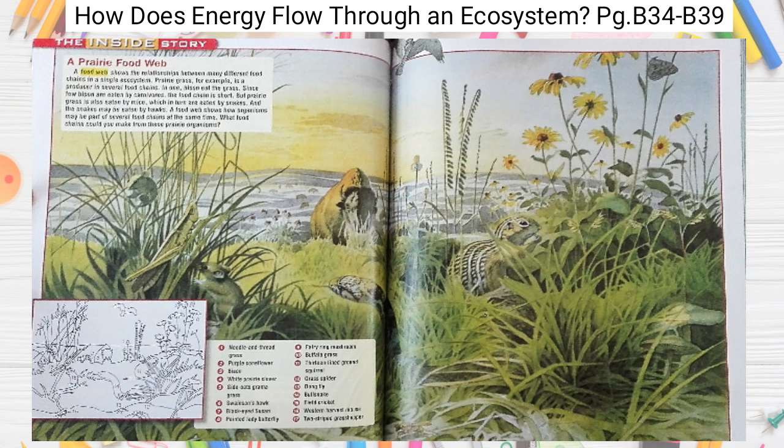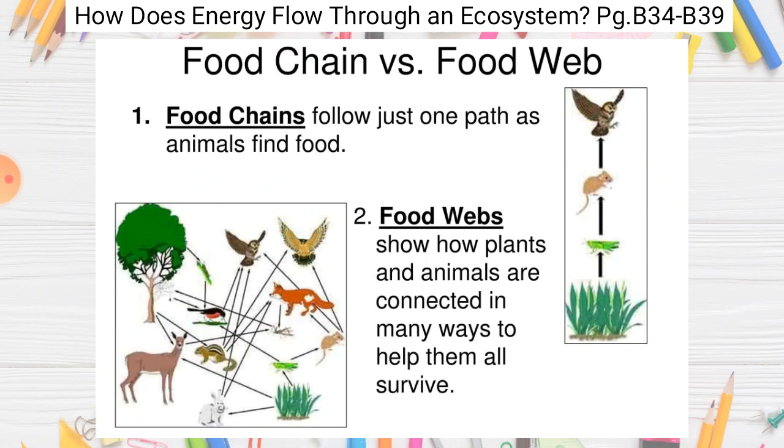This more complex interaction between producers and consumers is called a food web. Let's understand. Food chains are just one path which animals follow. Plant, grasshopper, mouse, owl. But food webs show how plants and animals are connected in many ways to help them to survive.